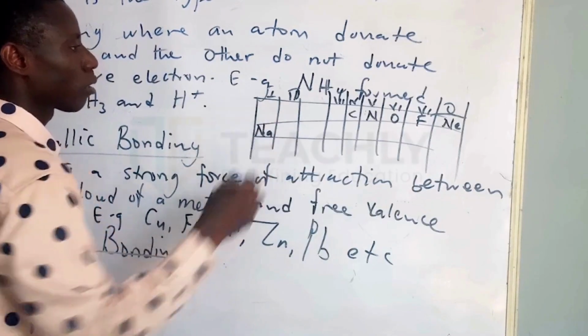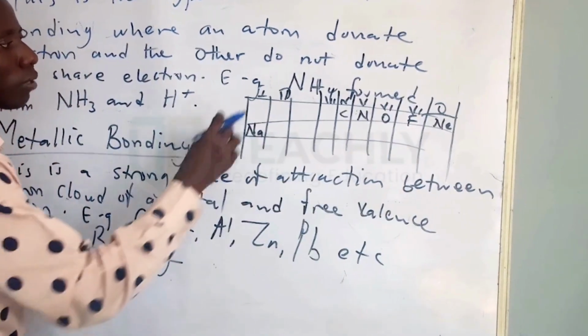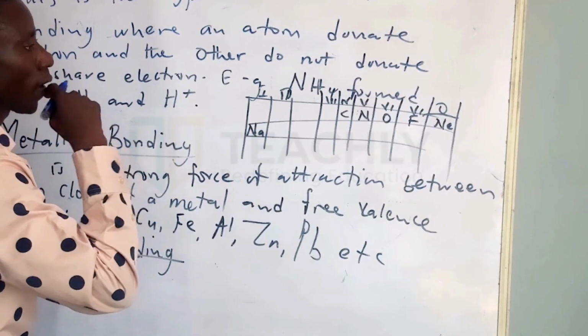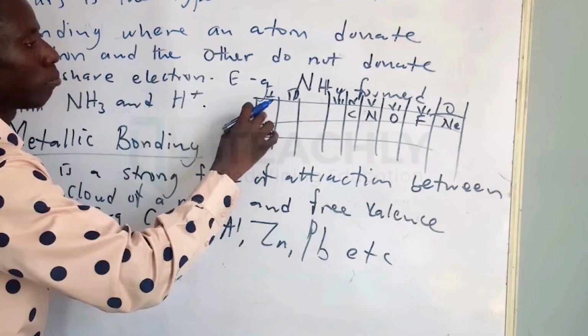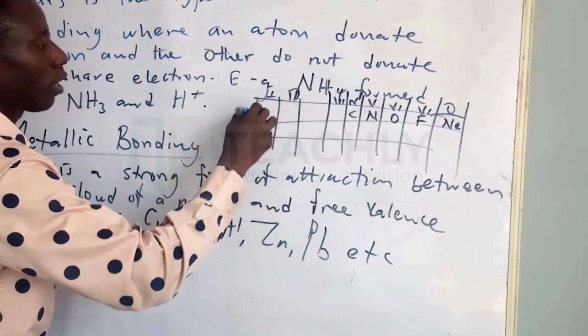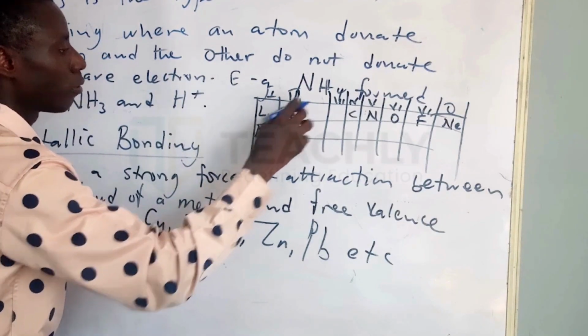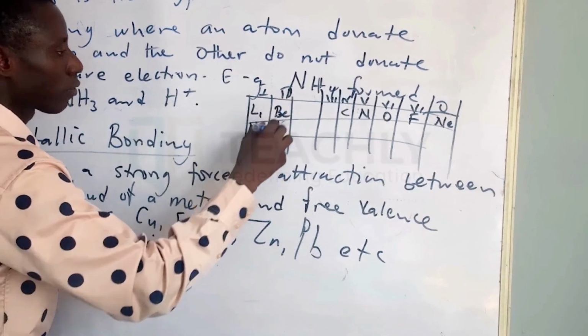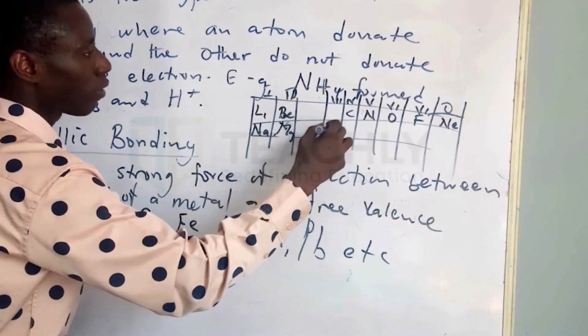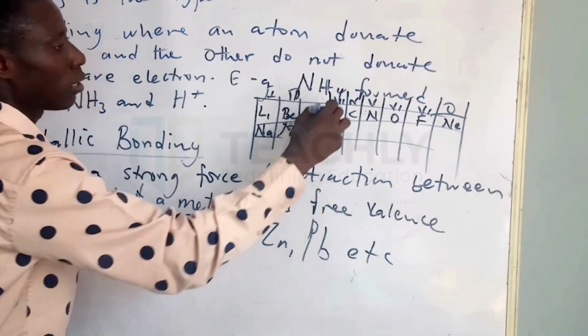If you look at the periodic table very well, here should be lithium, beryllium, and so on, magnesium, aluminium.